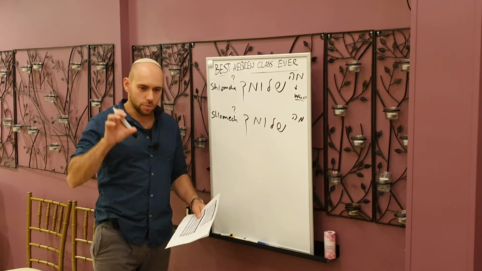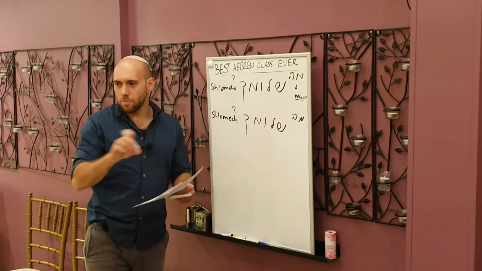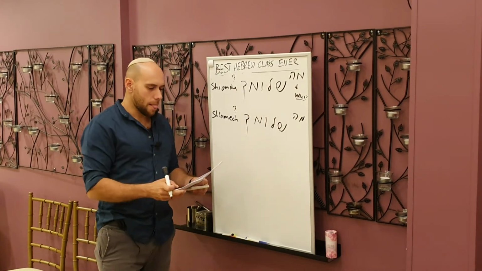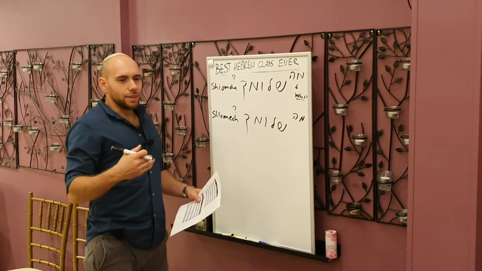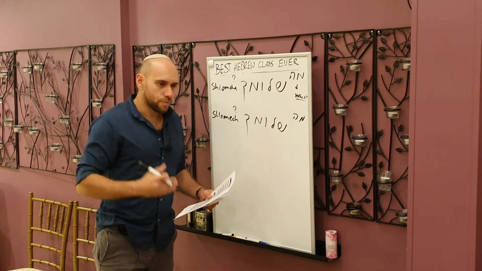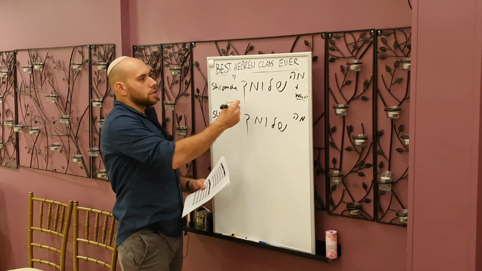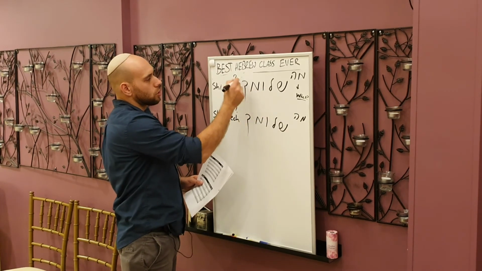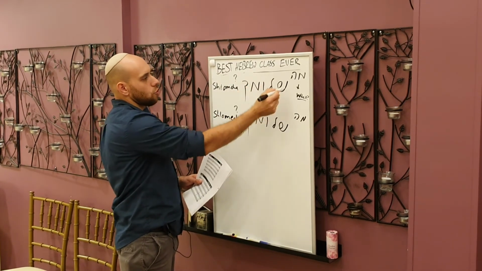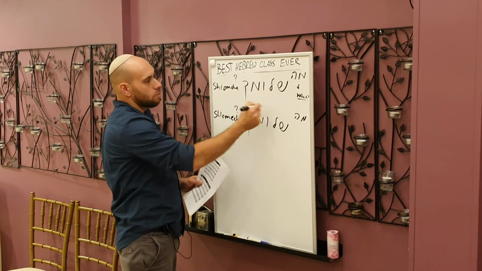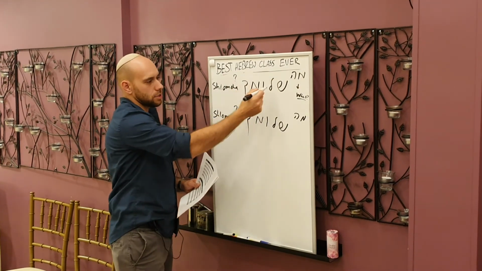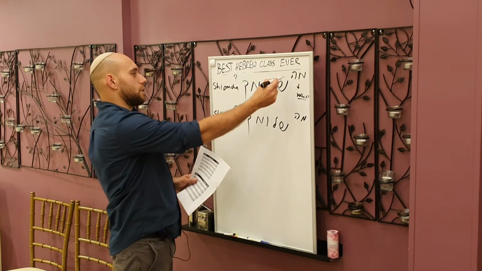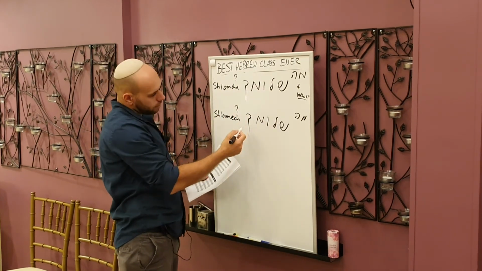So I attach the pronoun to the preposition and combine them into one word, but it's really two words together. So we say lecha, to you. So in this case, what does it mean? Shlomcha means yours, and shalom means peace. So it means your peace. Ma shlomcha. What is your peace? But for a female, you say ma shlomech.